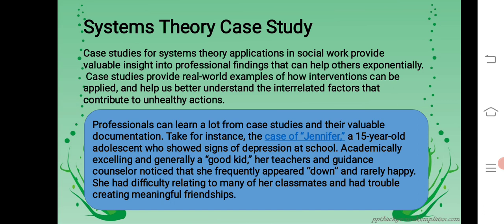Take, for instance, the case of Jennifer, a 15-year-old adolescent who showed signs of depression at school. Academically, she was excelling and generally a good kid. Her teachers and guidance counselor noticed that she frequently appeared down and rarely happy.